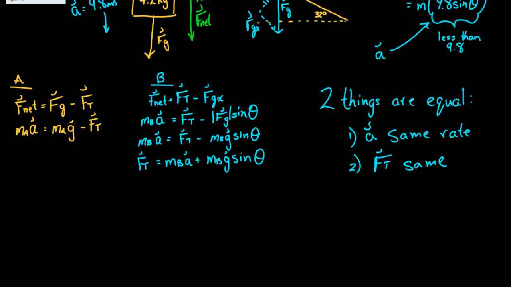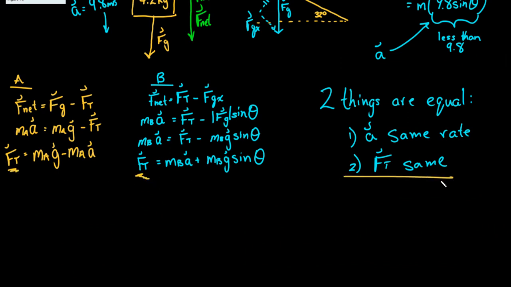If I go back to my x direction and I want to rearrange, what I end up with is the force of tension equals gravity subtract F net. Okay? Now, you've isolated both of your formulas for Ft.